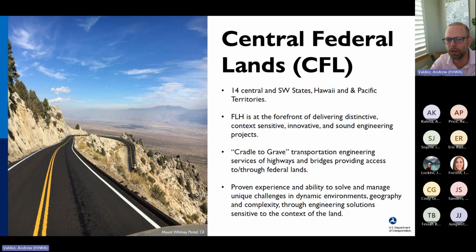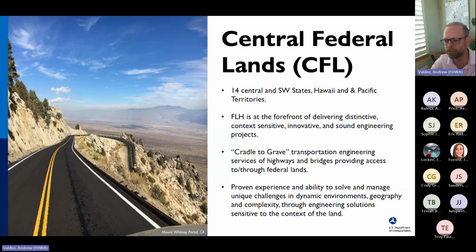And we're not just about moving people from A to B. Our federal lands are our national treasures, and the built infrastructure needs to take into account things like visitor experience and resource conservation, and we're really at the forefront of delivering projects like that. That's really our niche. And as I mentioned before, we provide cradle to grave services in these pretty complex environments.